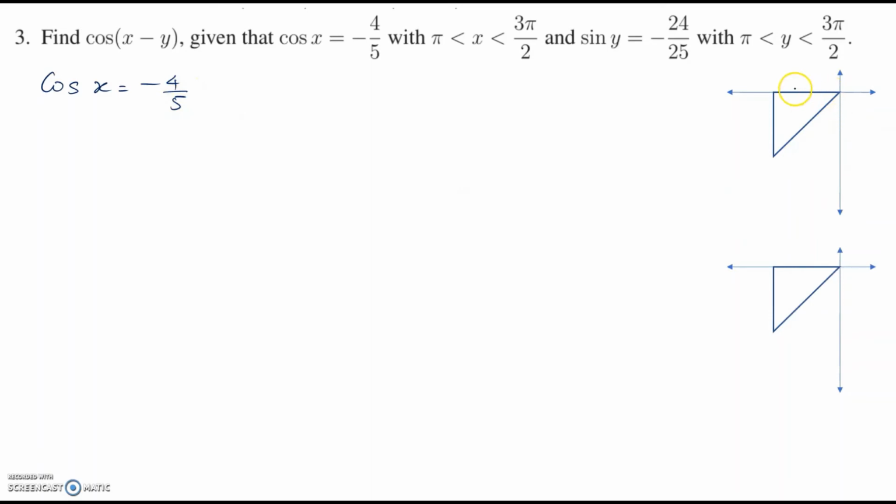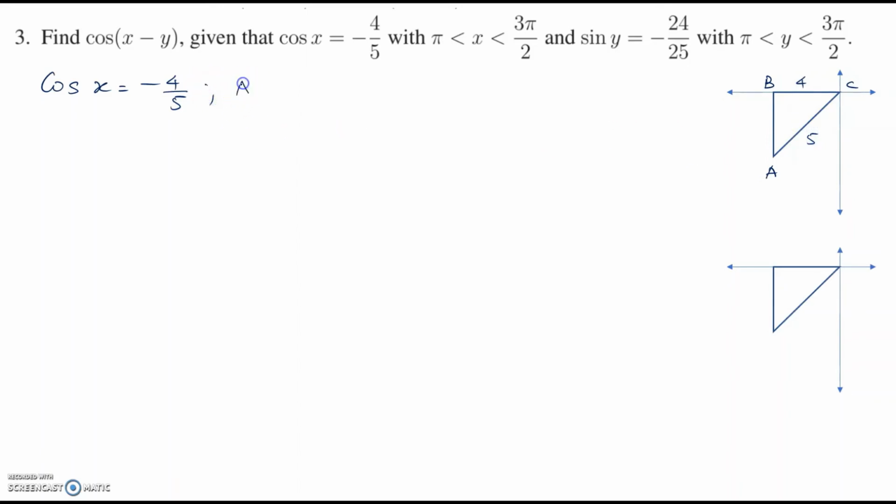So let's consider this triangle here, A, B and C. Now since cos x is equal to minus 4 by 5, the adjacent side would be 4 and the hypotenuse would be 5.